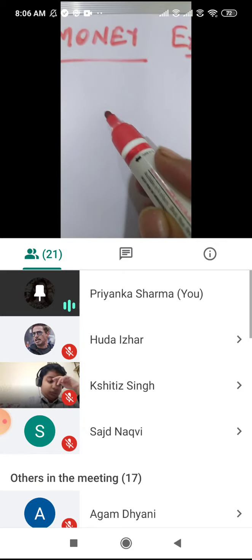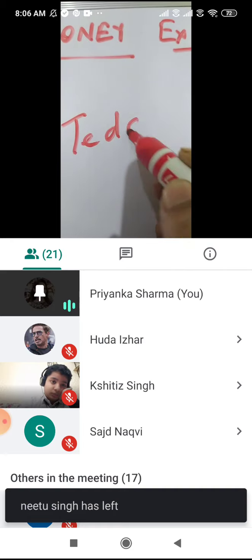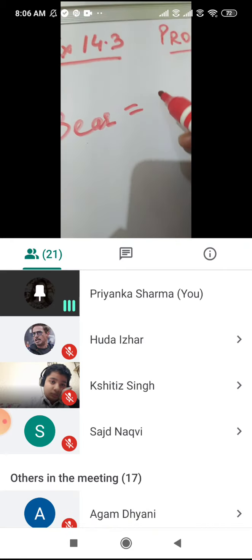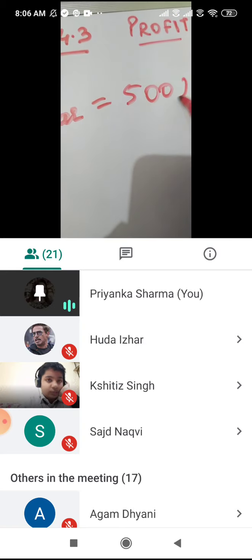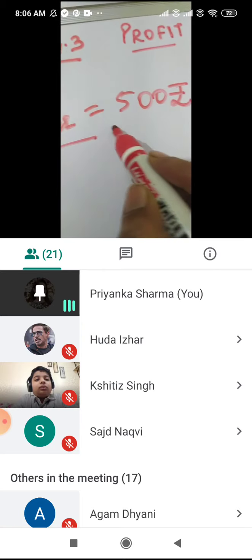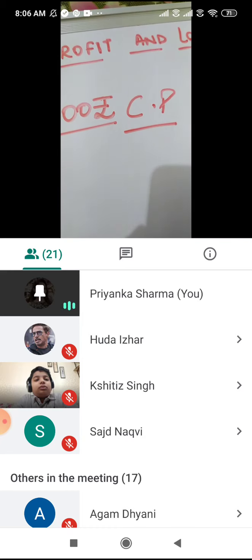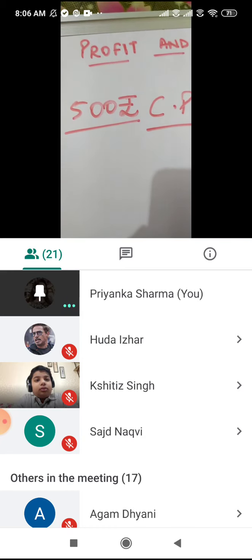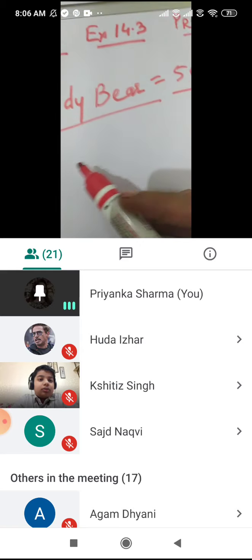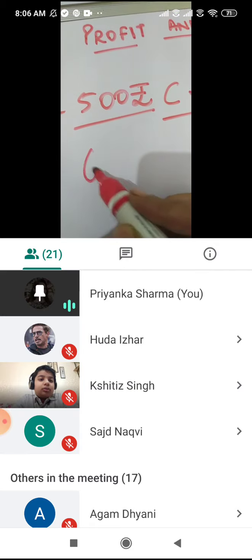Yesterday, I told you that you went to the market and purchased a teddy bear for 500 rupees. So when you purchased a teddy bear for 500 rupees, this 500 rupees will be the cost price, CP. Then your friend asked you to give it to him, so you said, okay, I will sell it at 600 rupees.